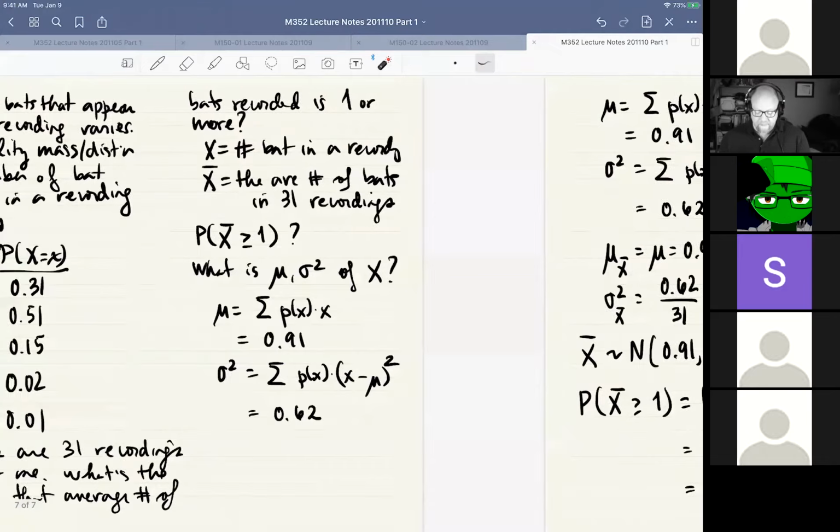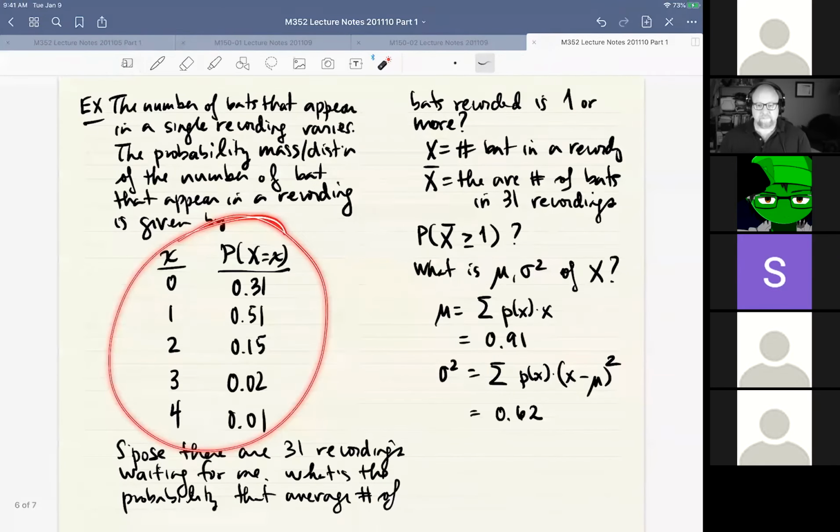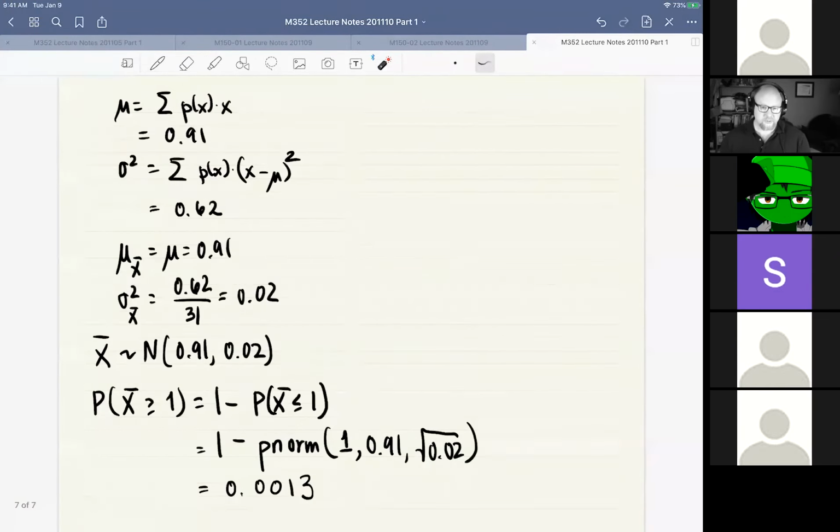I could use the original distribution, but it would take a lot of time, because I'd have to figure out how to build a distribution for X bar. It's much easier to use the central limit theorem and the normal distribution. That's an example of how we use it.